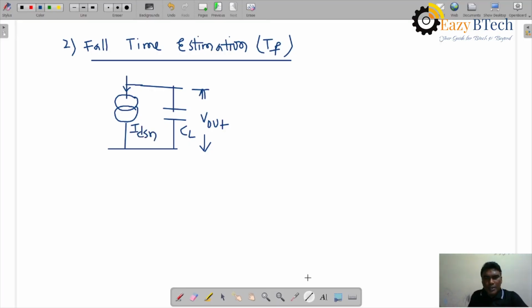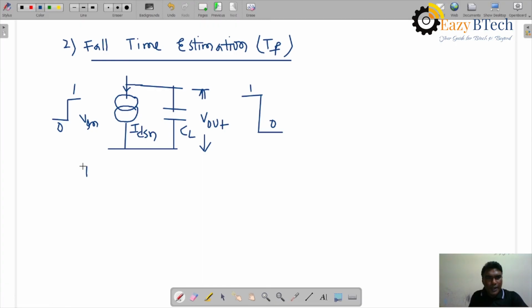The input logic applied goes 0 to 1. With V in at 1, NMOS is on and PMOS is off, disconnected. So what happens to the output voltage? It will fall down, from 1 to 0.